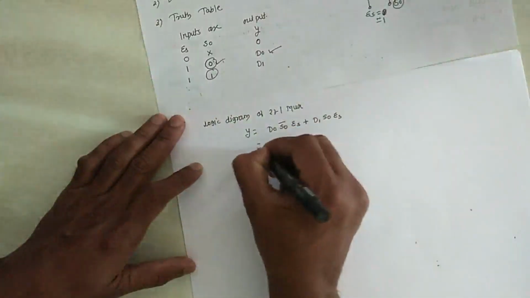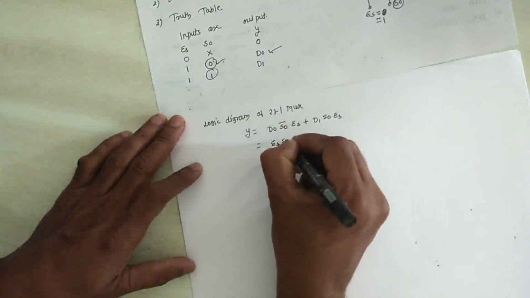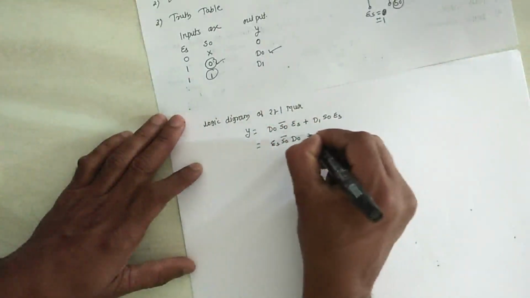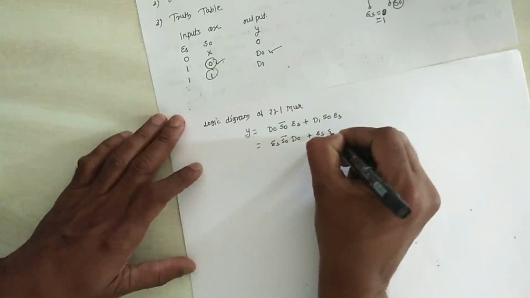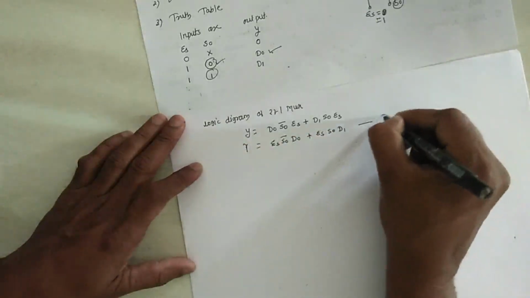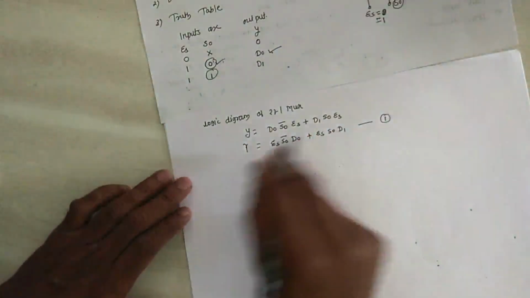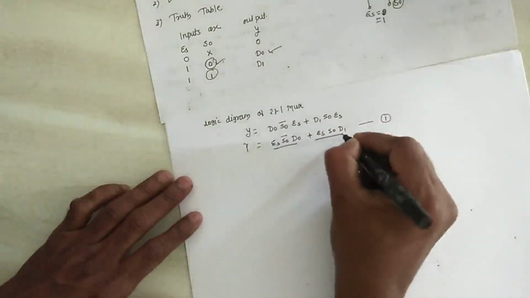So I will simplify once again: ES S0 complement D0 plus S0 and D1. This is a mathematical Boolean equation for the output Y. From this Boolean equation we can draw the logic diagram.